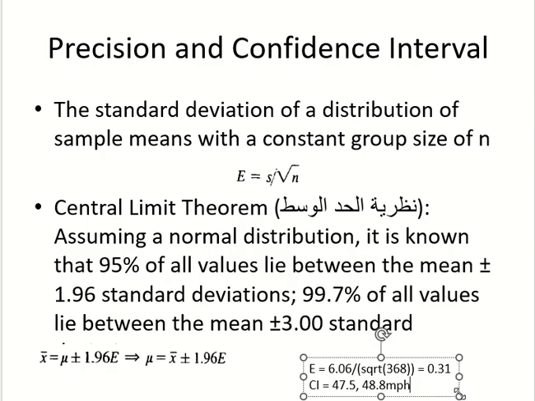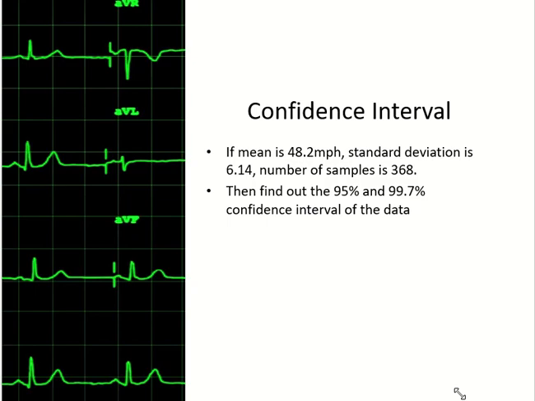I'm fixing the entire range which I go forward and backward. But this is a constant, so the only thing I can fix is E. I cannot fix this. This is 1.96, it's from the theorem, right?